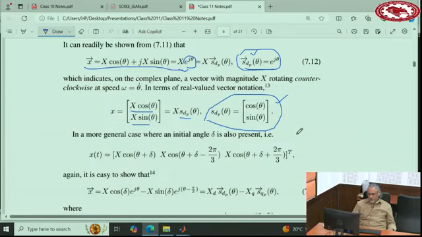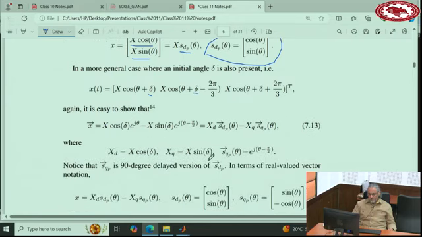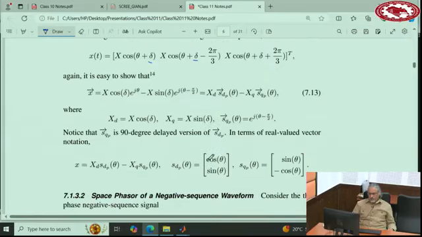Now, if it has a phase shift, already a phase shift delta, then its space phasor will have this component SDP and SQP. And SQP now is e to the j theta minus 90 degrees. So Q for quadrature, always quadrature with respect to direct has 90 degrees phase lag.